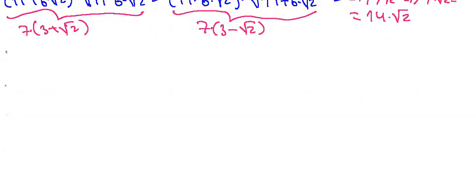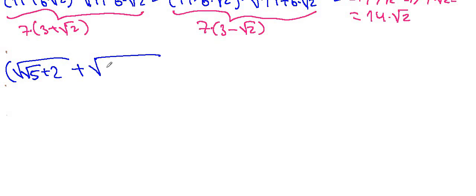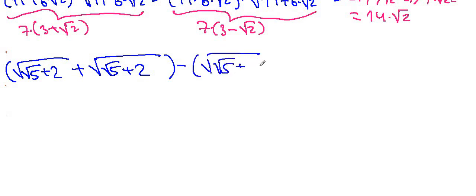So now let's start to calculate the denominator. In the denominator we see the square root of 5 plus 2 plus the square root of 5 minus 2, minus the square root of 5 plus 1.